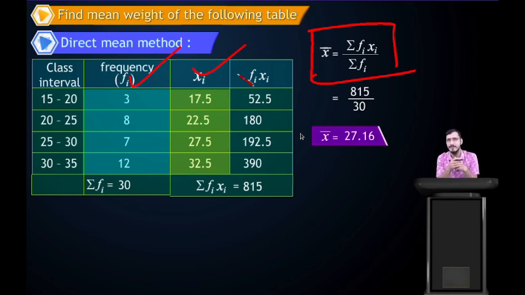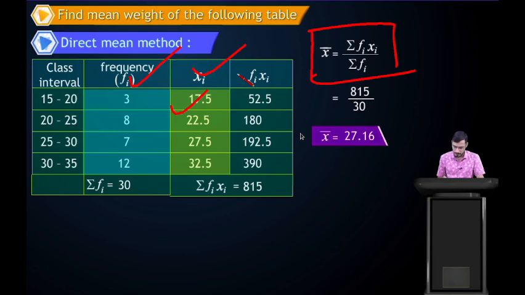How can we find the mid value of the class interval? Can you tell me, students? Yes, correct. The sum of the lower limit and the upper limit, divided by 2. So we can find the mid value of the class interval.